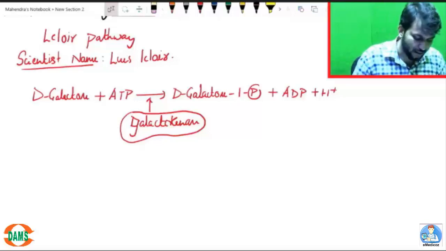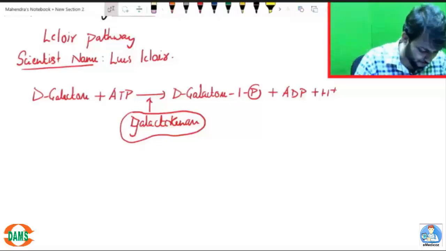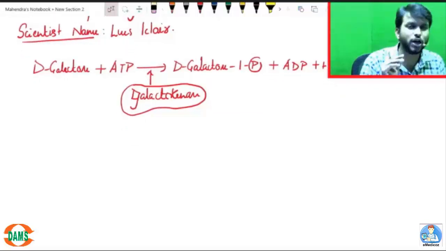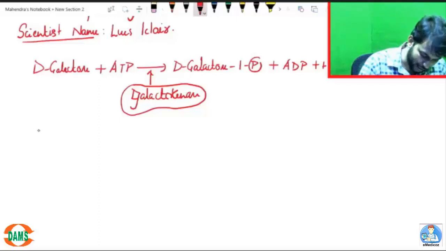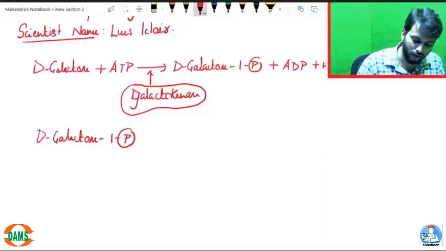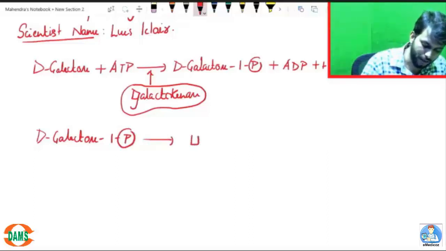So there is a special conversion of D-galactose 1-phosphate into a sugar nucleotide. The second step is that D-galactose 1-phosphate can convert into UDP galactose.